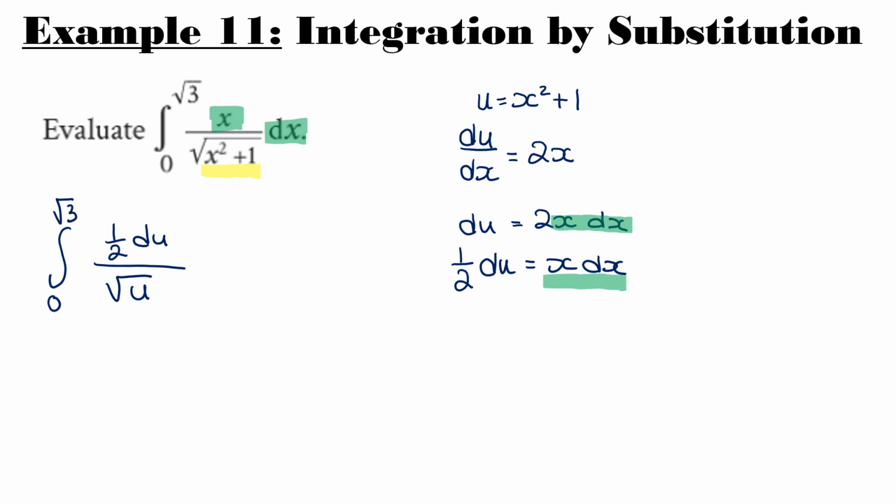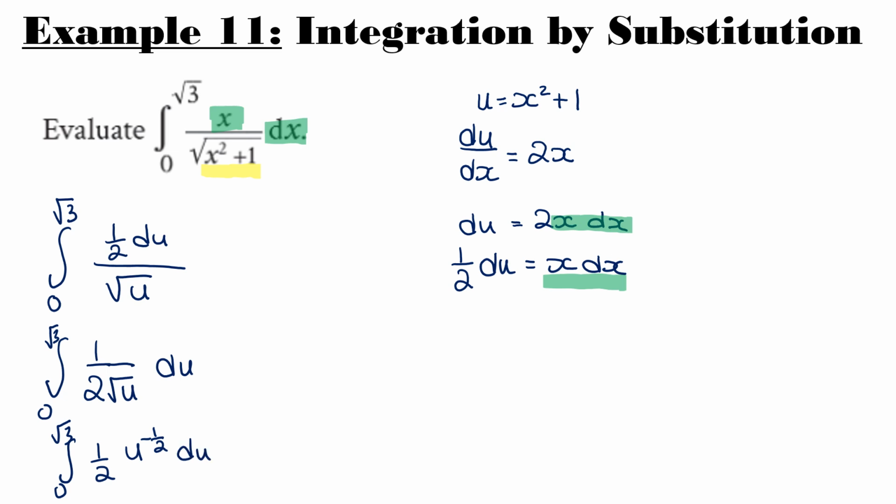I'm just going to tidy this up so it's easier for us to manage. That is 1 over 2 on the bottom and root u on the bottom, and then we have du. So in terms of what that is, it's a half, bring the root u over, that's u to the power of minus a half du.